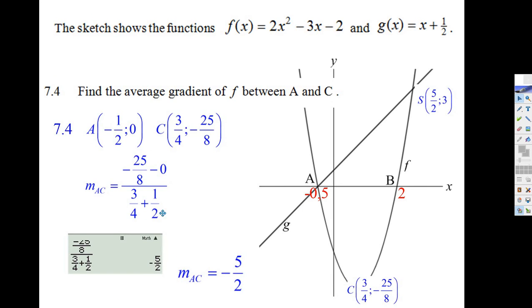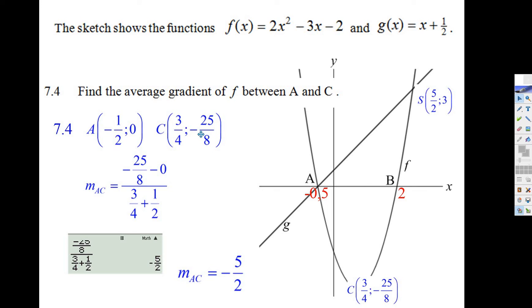Okay, here's the next question. Find the average gradient between A and C. Well, A is minus 0.5 and 0. Minus 1/2 and 0. C is 3/4 and minus 25/8.